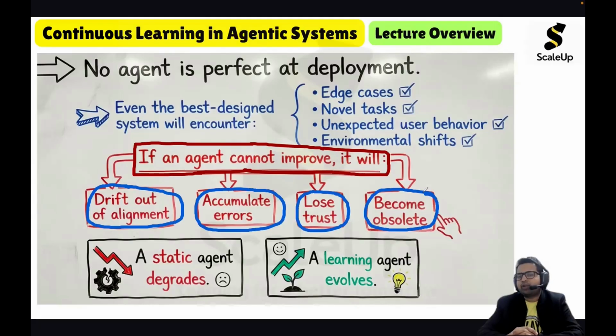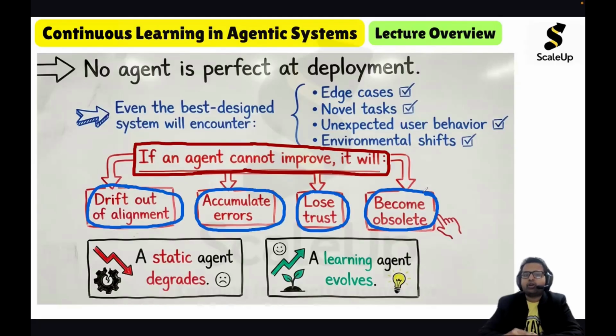It can also come across unexpected user behavior and environmental shifts. In those scenarios, our agentic AI systems might hallucinate or get puzzled, because they have never seen such scenarios before, so they don't know how to deal with them.